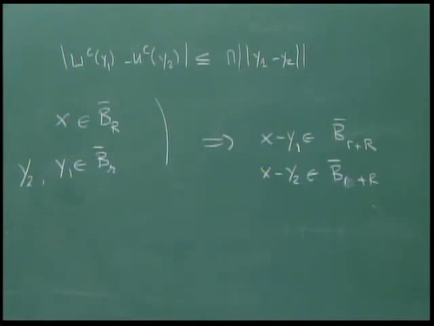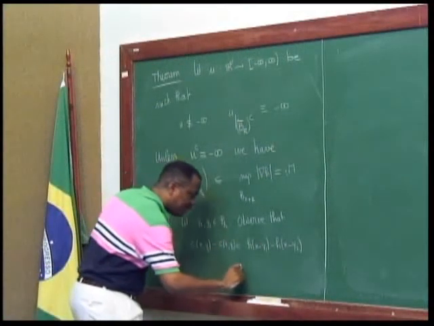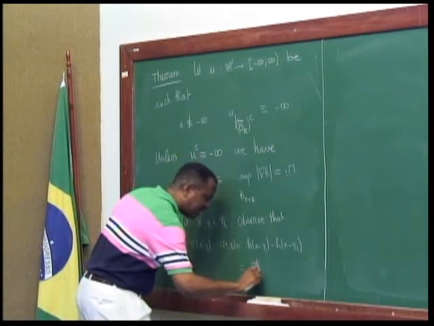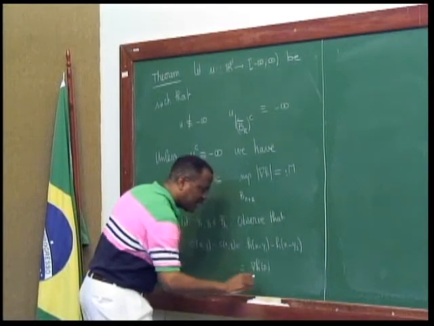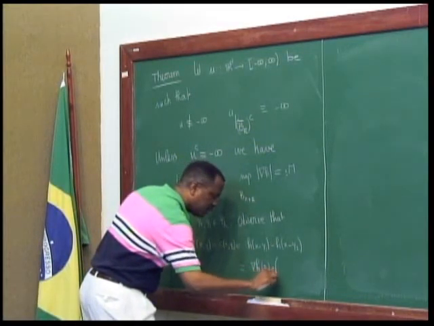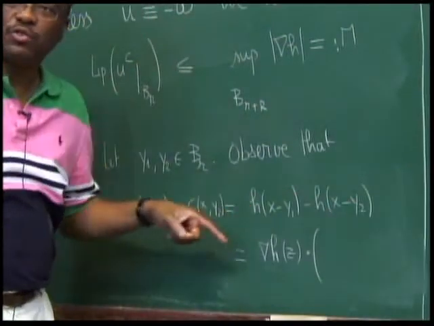This ball is a convex set. If I look at this difference by the mean value theorem, this is the gradient of h at a certain z, in a product with the difference of these two.